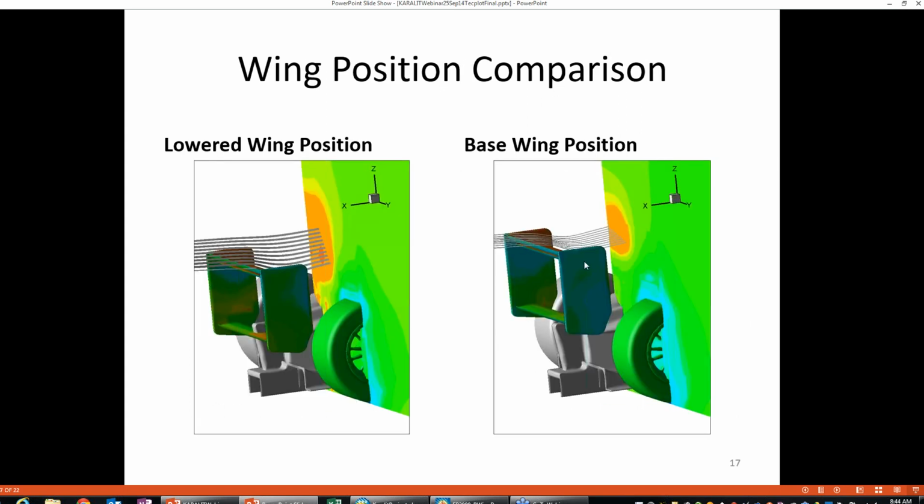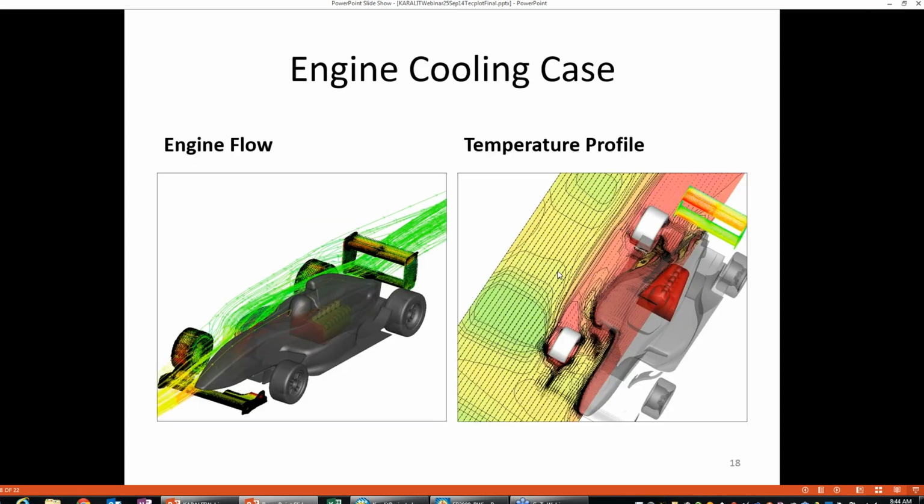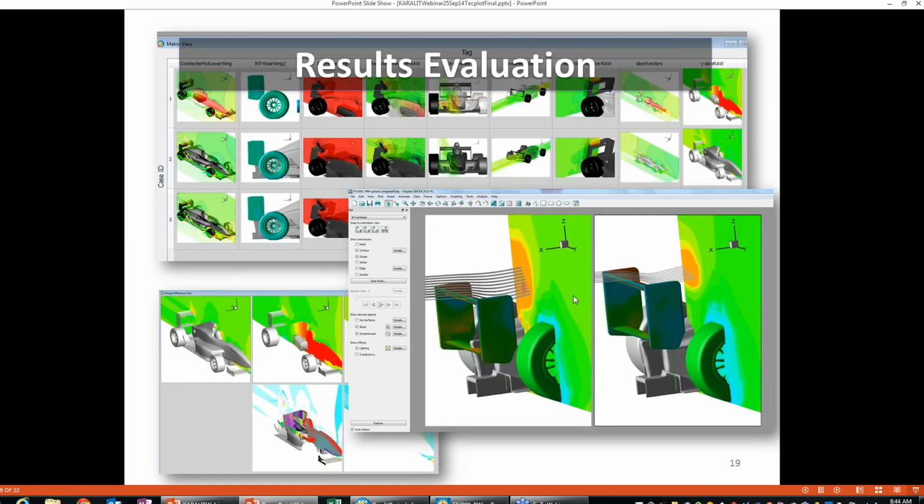We'll also look at the external aerodynamics, and we'll spend a little time looking at the thermodynamics of the engine case. And I'll try to also make sure that we have plenty of time to evaluate these results as well as answer questions.